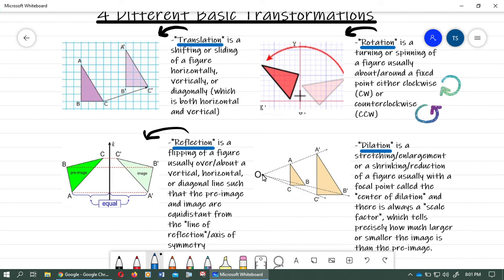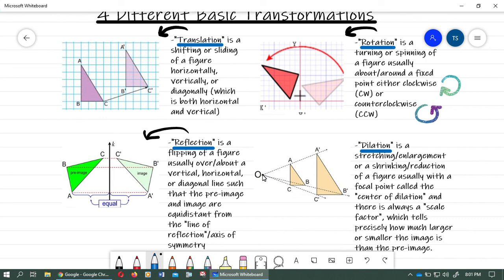And so again, guys, that's the way that dilations work, or at least that's one way you can think of a dilation, where you've probably seen that before. Okay, but anyway, there's a center of dilation, just like the flashlight when you're making little shadow puppets up against the wall.